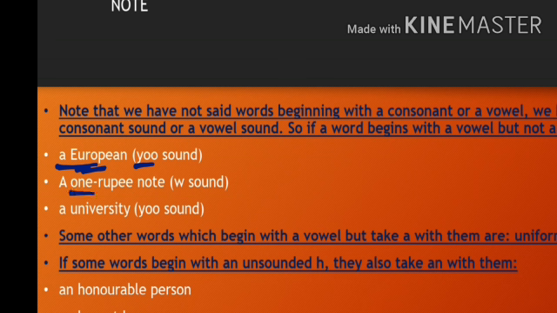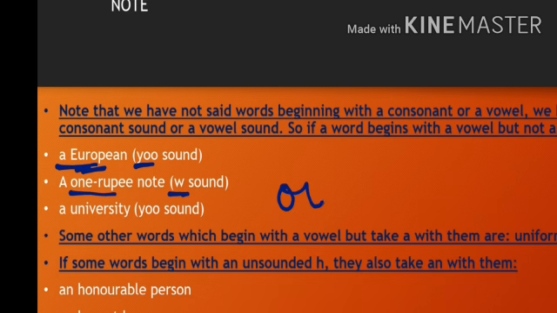Here next, one-eyed man. I am not telling one, I am telling what is the pronunciation. One-eyed, wa, w का sound आ रहा है ना, and w is a consonant. Okay, again I am giving an example.